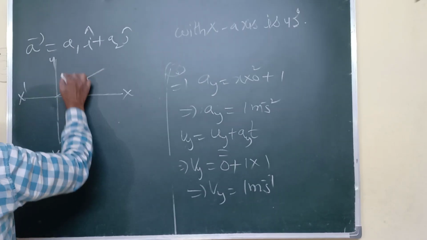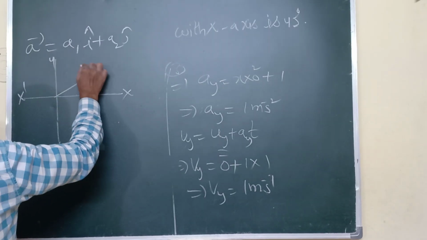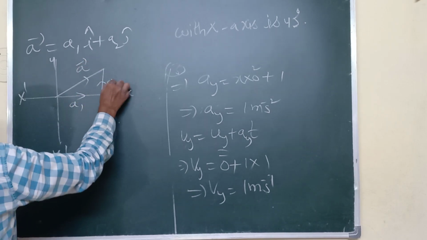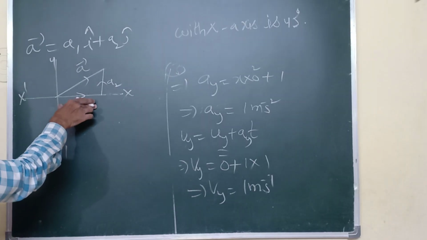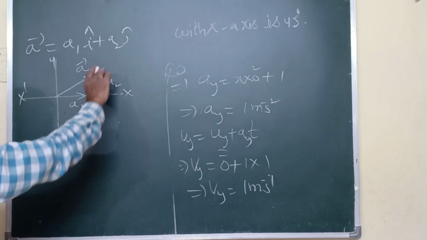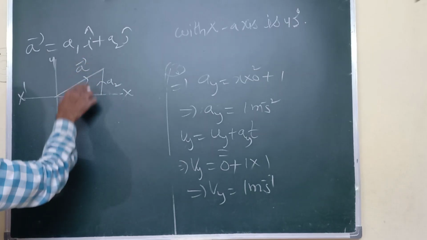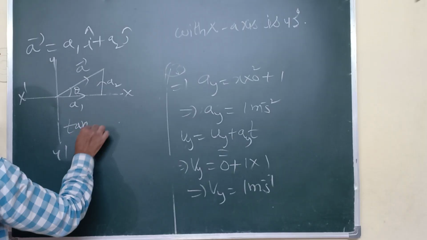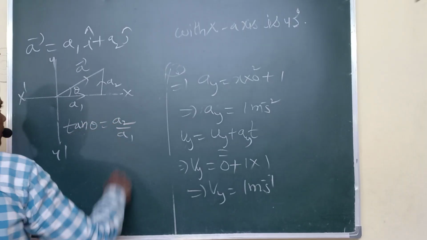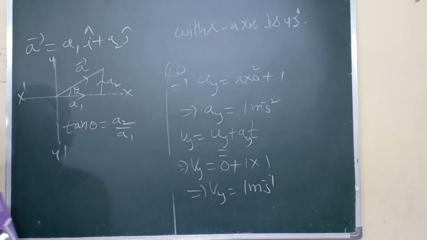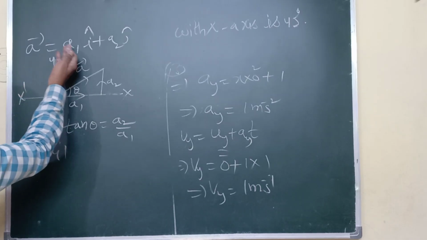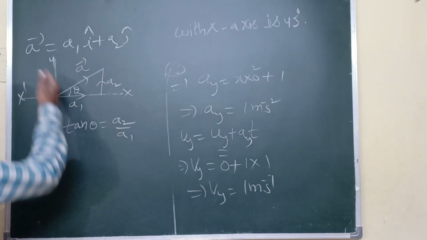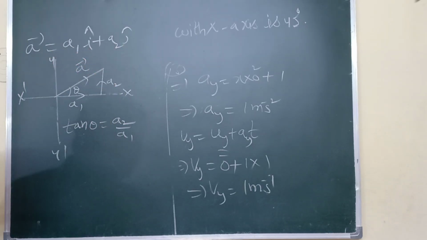A1 i is the component vector along x direction, and A2 j is the component vector along y direction. The addition of vectors is A1 i plus A2 j. So this angle I want to find. What is tan theta? A2 by A1. If it is a displacement vector, S1 plus S2. If it is a velocity vector, V1 plus V2. If it is an acceleration vector, A1 plus A2, like that.